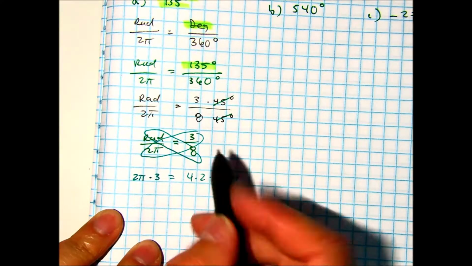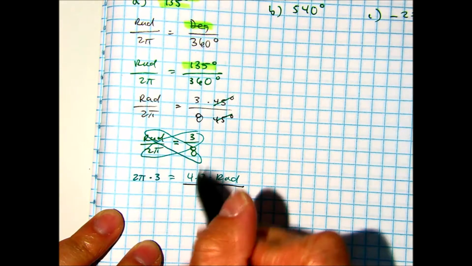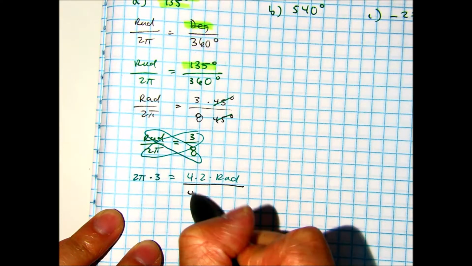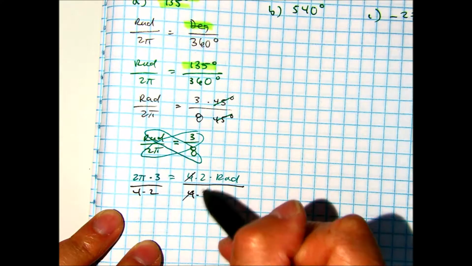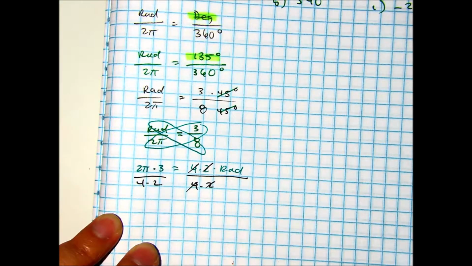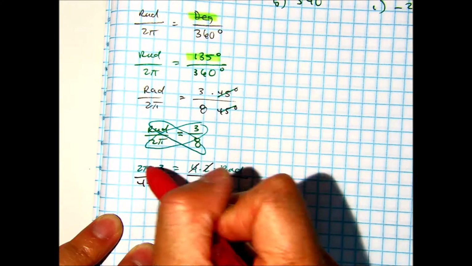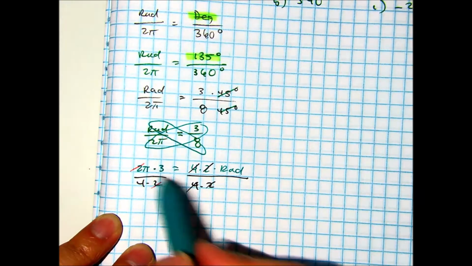The reason why I did that is now I'm basically dividing both sides by 8. So 4 divided by 4 is 1. And then I can cancel these 2's here. Did you guys see that? It's essentially a different way of saying 6 divided by 8.